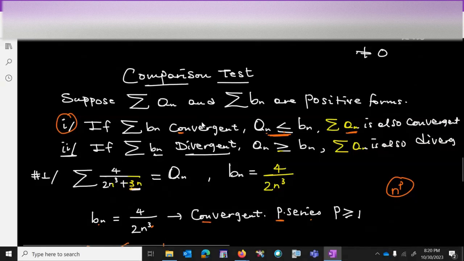But I want to warn you: if, let's say, b sub n is convergent, but a sub n is greater than b sub n, that's another story. We cannot say anything about that. So just focus on these two things, and if anything happens outside of this, we will treat it in another video with a different test.